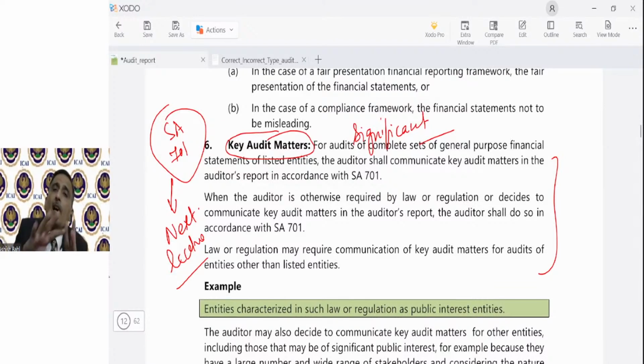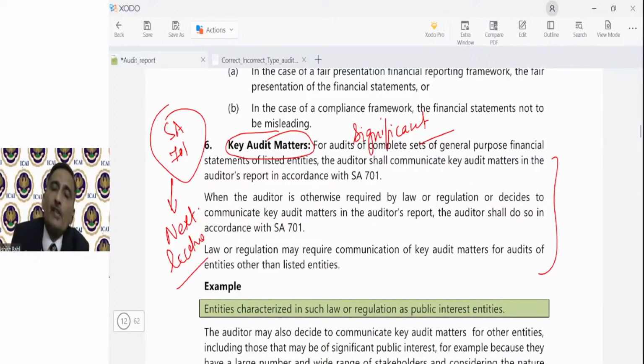Say the whole environment of the company is automated, and there is a complex IT network. So the auditor has identified it as a key audit matter. Okay, he has from time to time made correspondence with management in this regard. So he would state in the audit report what the key audit matters are and how he has addressed them.